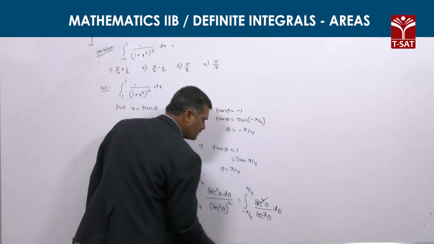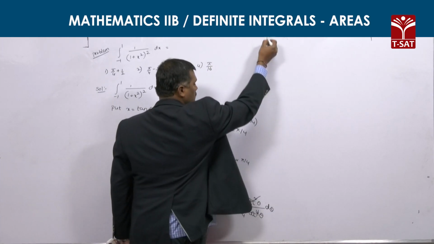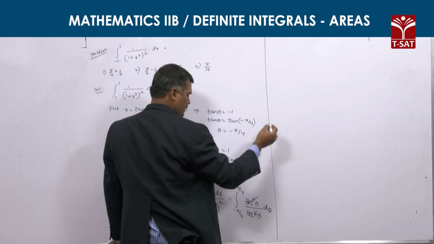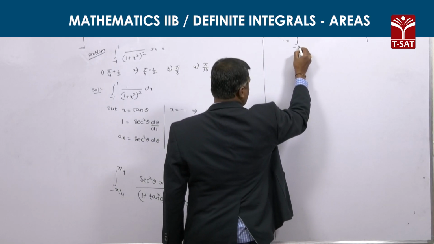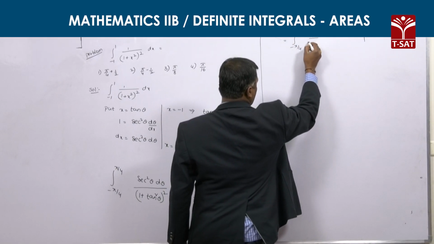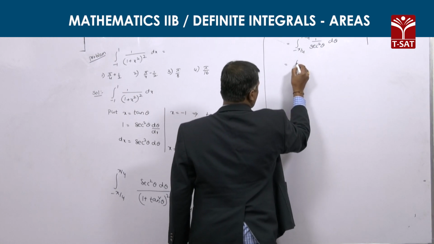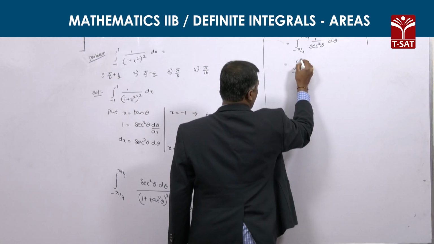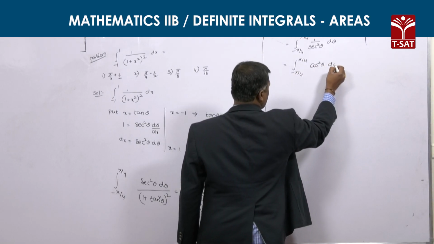In this, two terms of secant square theta get cancelled. So we get 1 by secant square theta, that is equal to the integral of minus pi by 4 to pi by 4 of 1 by secant square theta d theta, and 1 by secant square theta is cos square theta d theta.